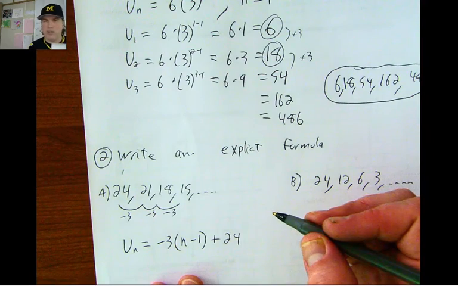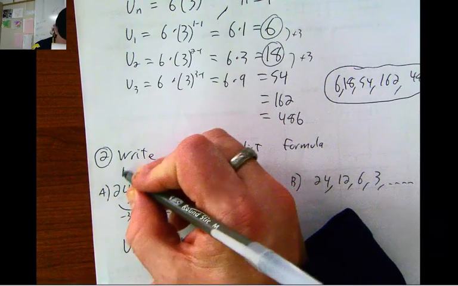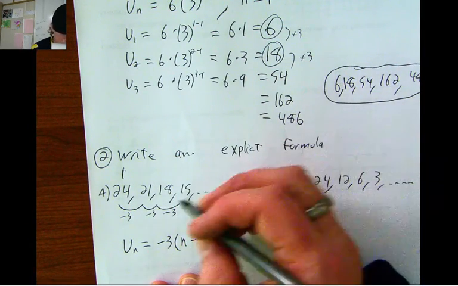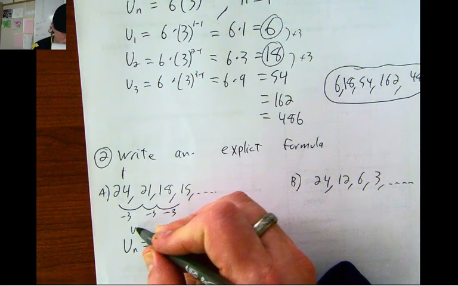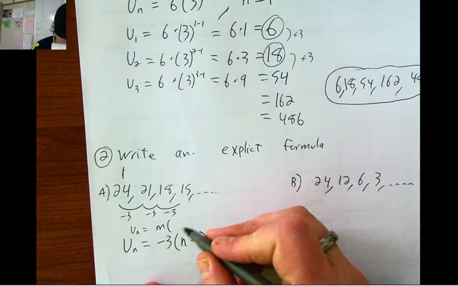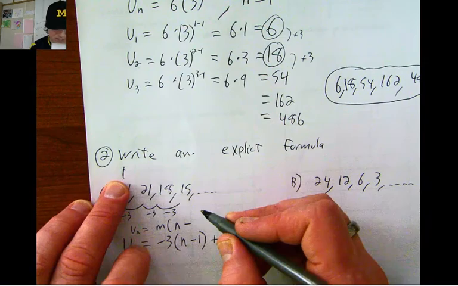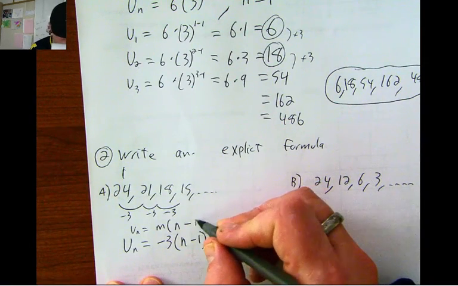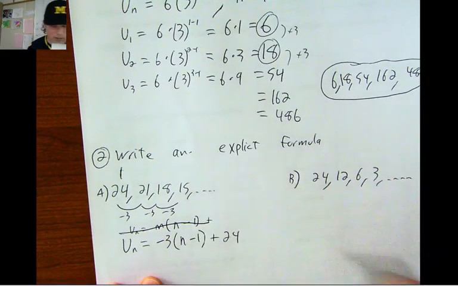This is point slope form, where I have a point 1 comma 24 with a slope of -3. So I was using un equals m, the slope, times n minus the first point, which is 1, and then plus the first y value.